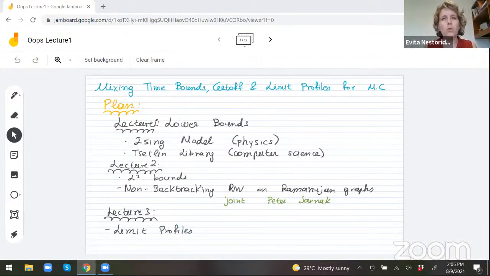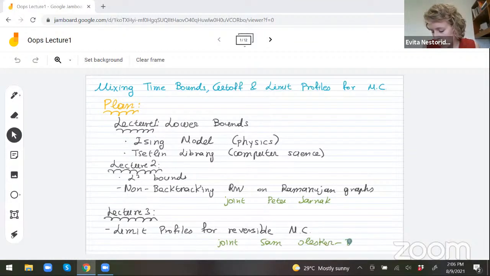I mean, people have been already proving limit profile type of results, but I want to discuss a technique that uses the spectral information of the transition matrix first. And this is joint work with Samuel Lester Taylor. So this is the plan for the next week.